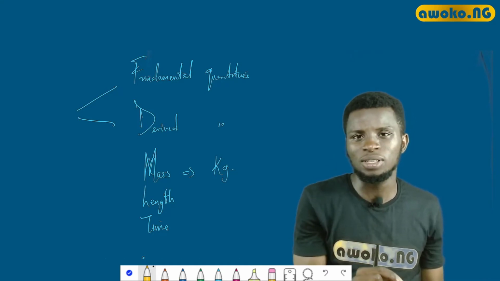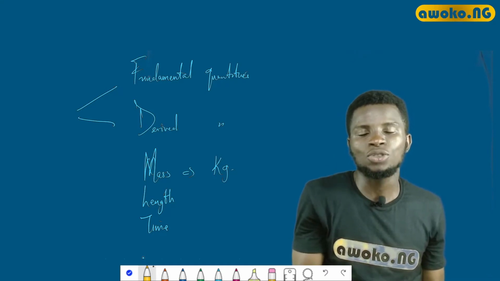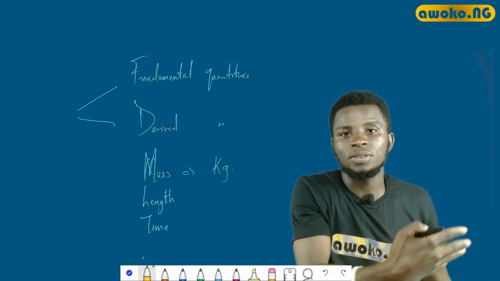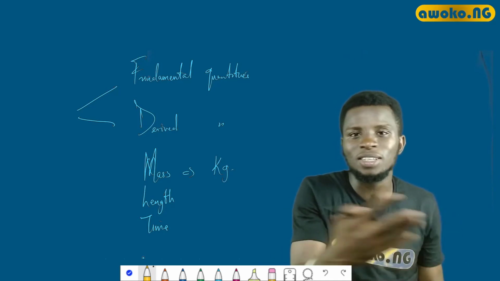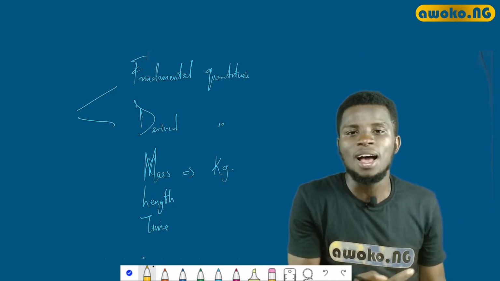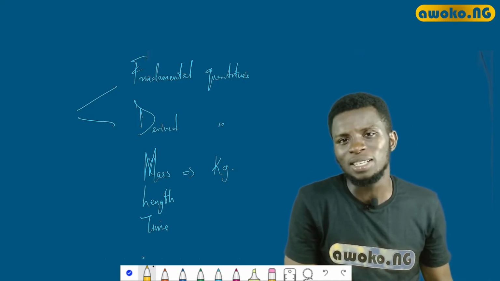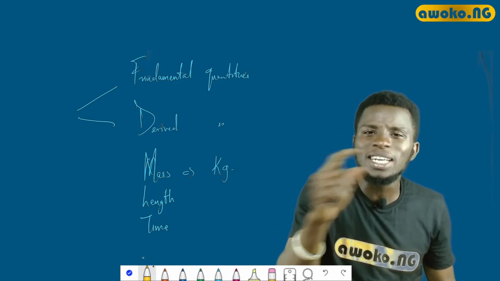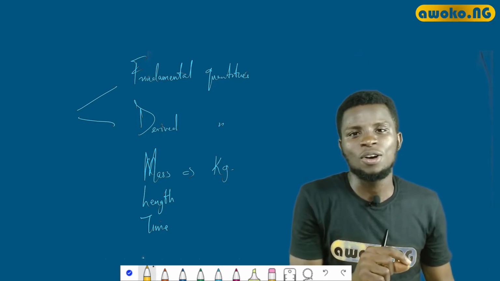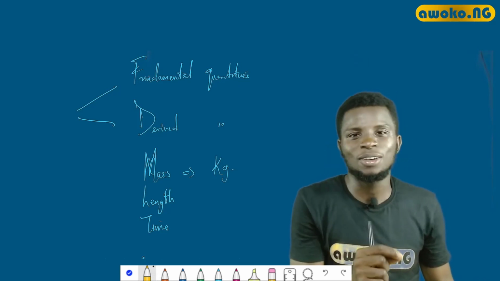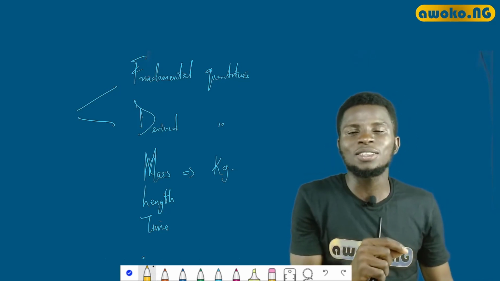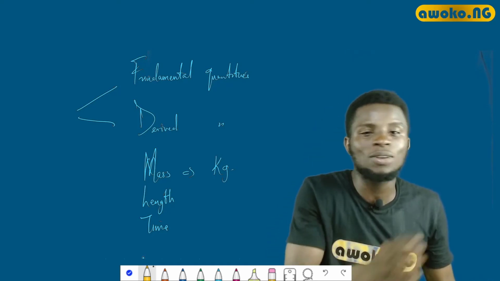But for the standard unit, some scientists and mathematicians came together and sat on this concept and said there should be a generally acceptable system of units of measurement that would be accepted worldwide.